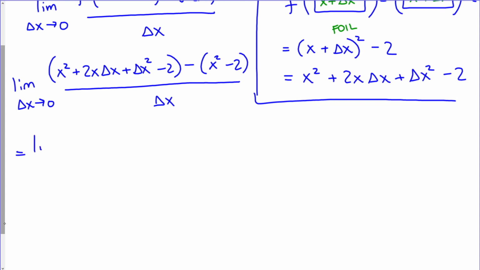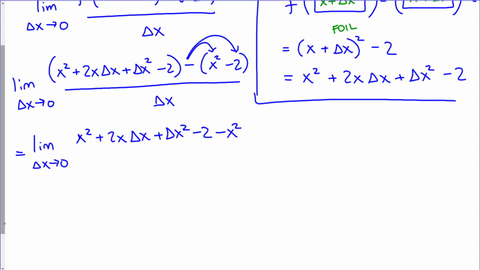The first thing I'm going to do is distribute this negative this way. All right, so it's going to be x squared plus 2x delta x plus delta x squared minus 2 minus x squared plus 2 all over delta x.